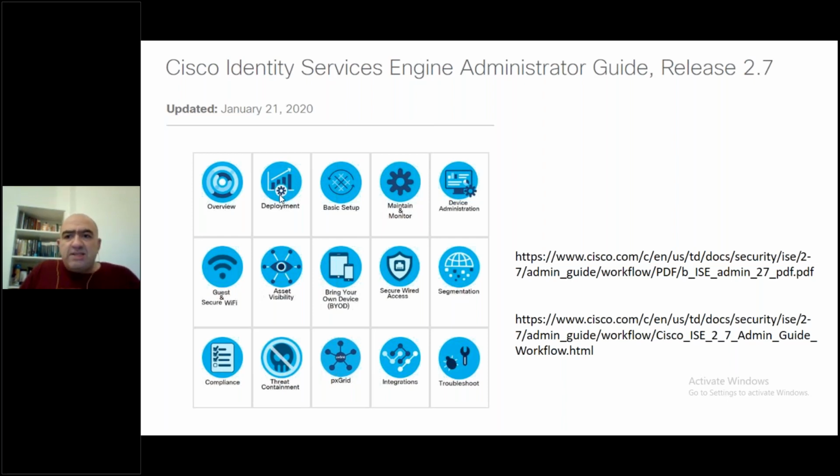This means at least you need to have a basic knowledge about what ISE is. What is the benefit of ISE? ISE is not only a AAA server, but also a policy engine for our network.